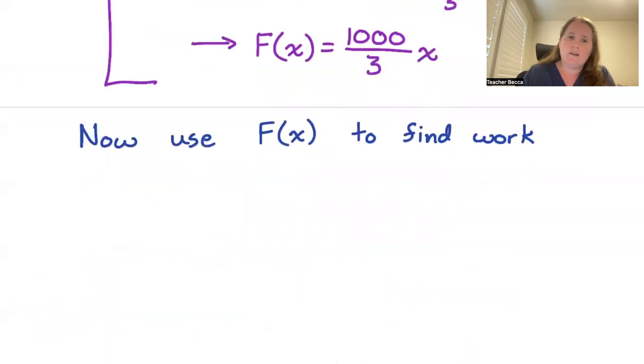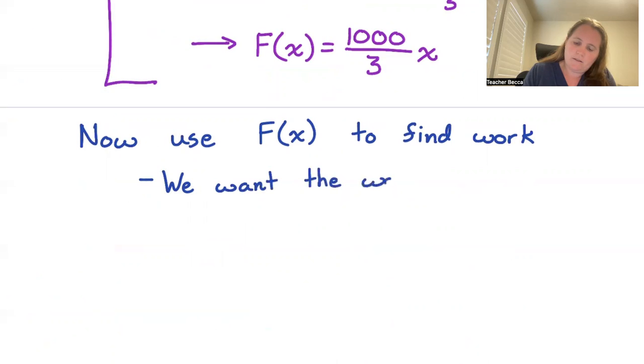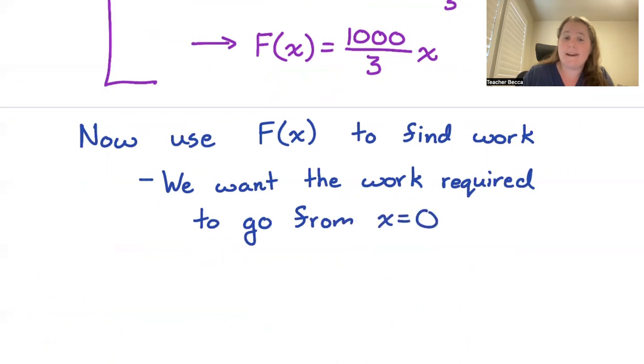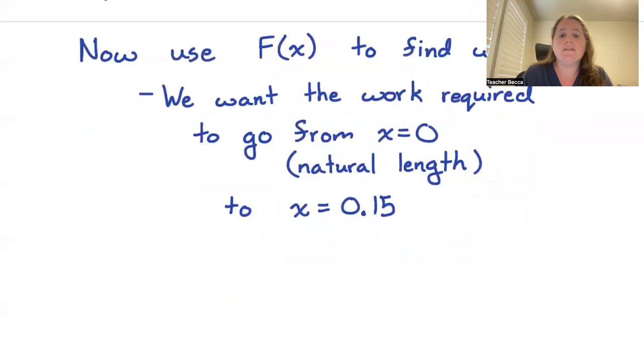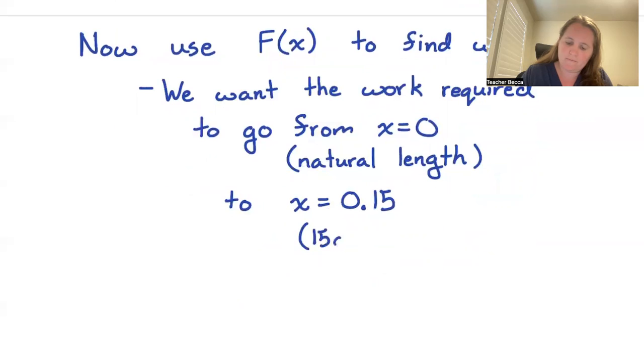So essentially, to find work, and specifically, we want the work required to go from x equals 0, which refers to the natural length, to x equals 0.15, 15 centimeters past the natural length.